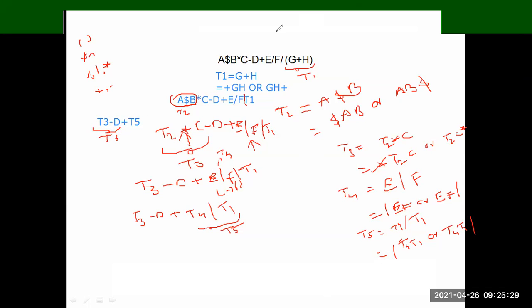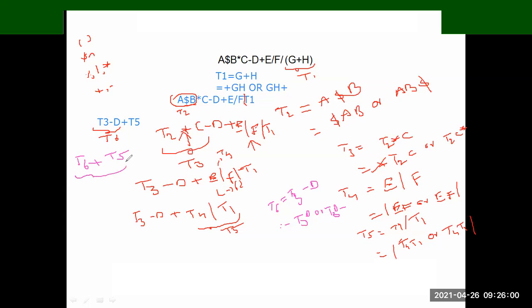Just changing the color. T6 equals T3 minus D, that is, minus T3D for prefix, or T3D minus for postfix. Now I am writing T6 plus T5, and finally I am converting this as T7.